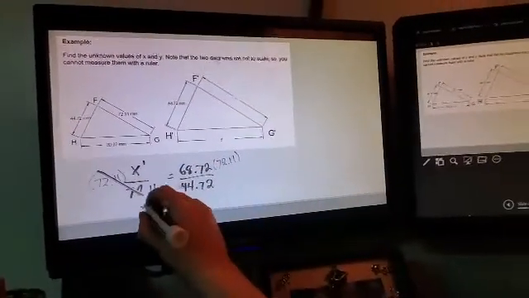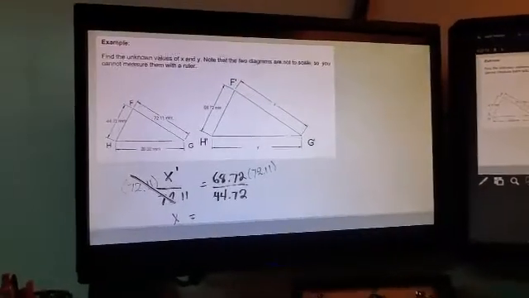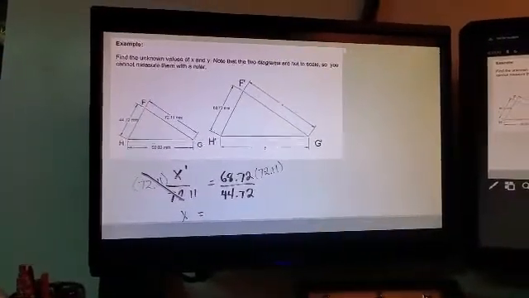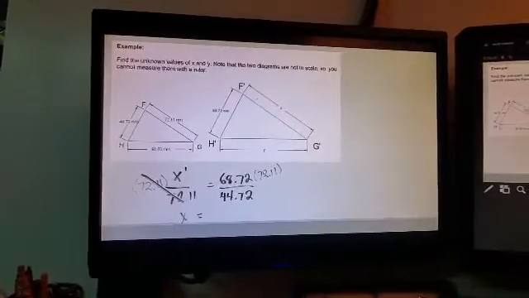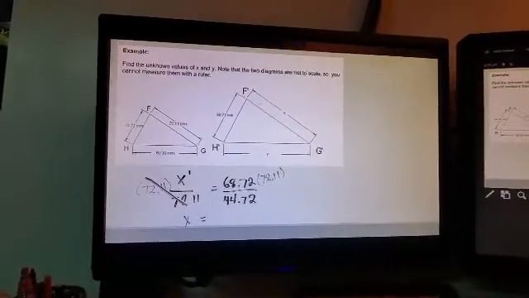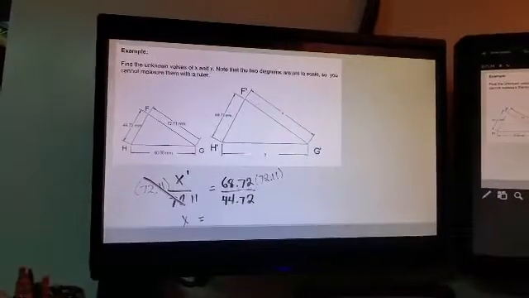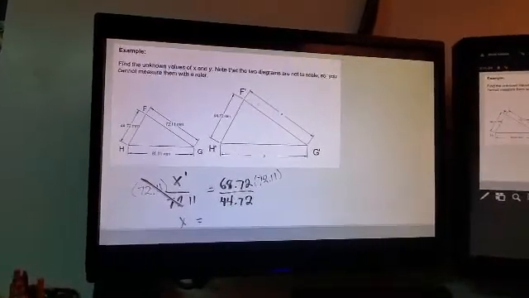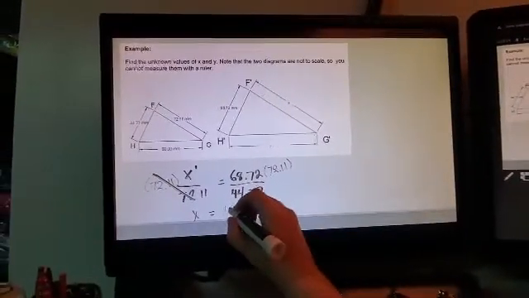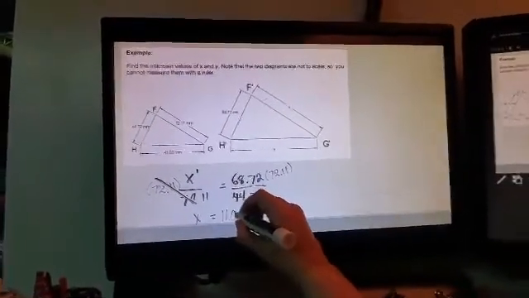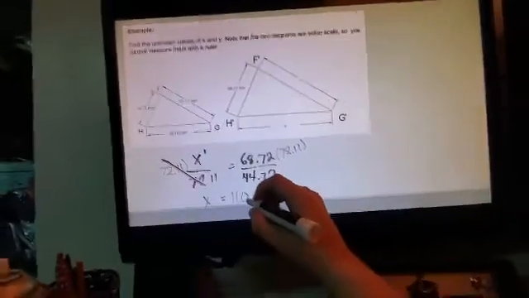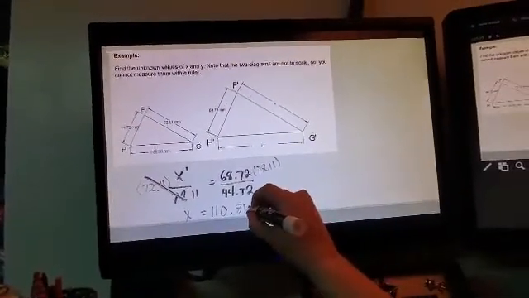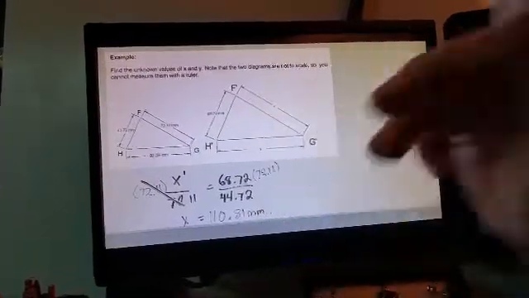That cancels, so we've got x is equal to 110.81. Okay, and the units are millimeters on that.